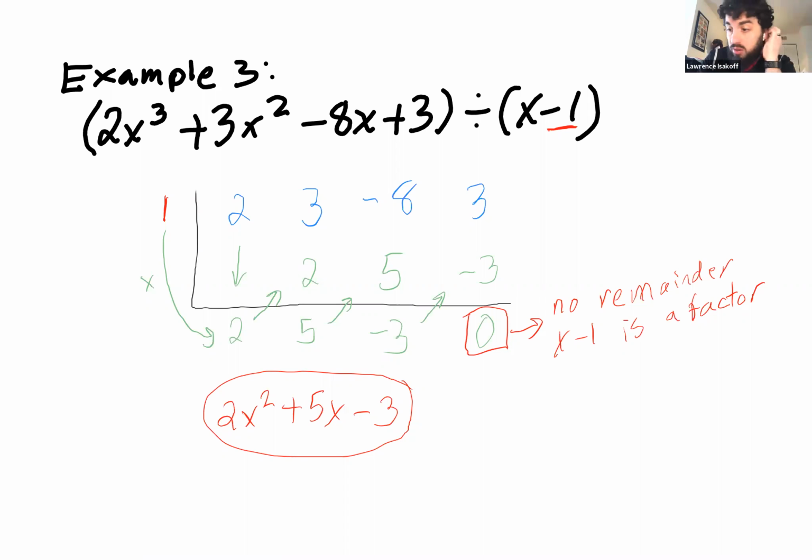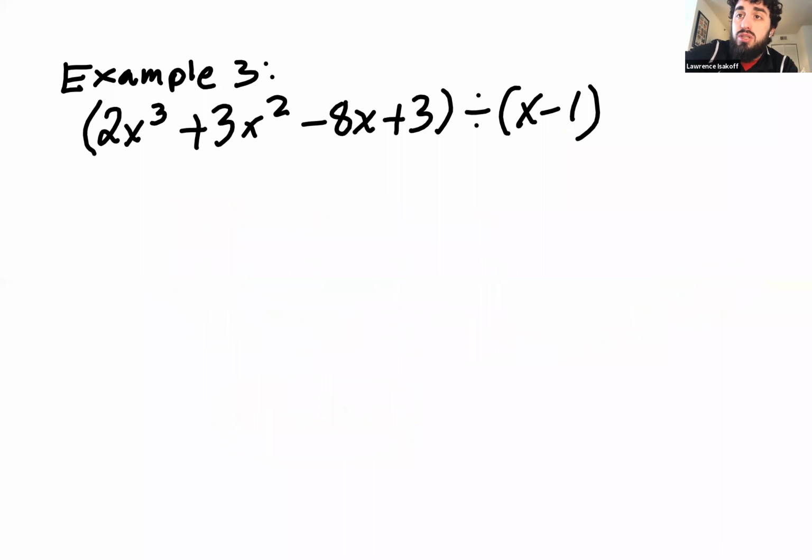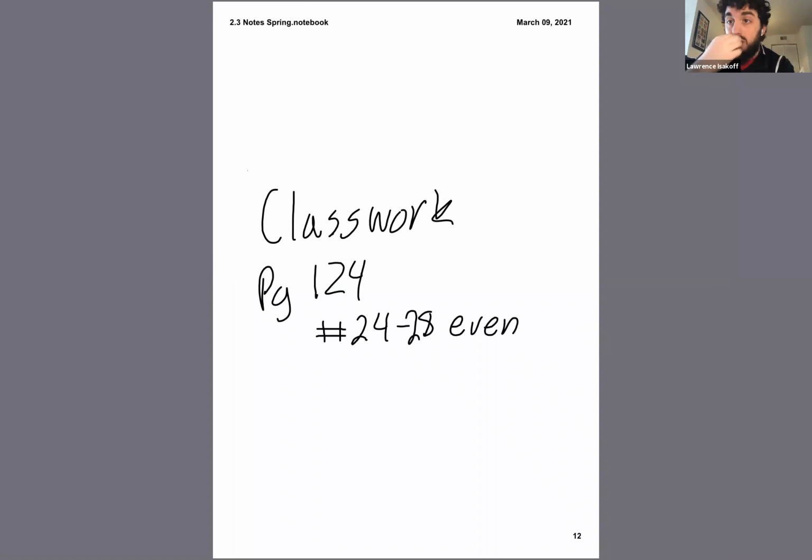The factor theorem says if 0 is the remainder, it is a factor. Okay, not seeing any other questions pop up in the chat. Nobody is unmuting, so I'm going to clear this and move on to the next part of the notes.